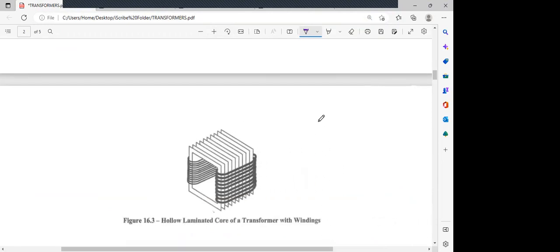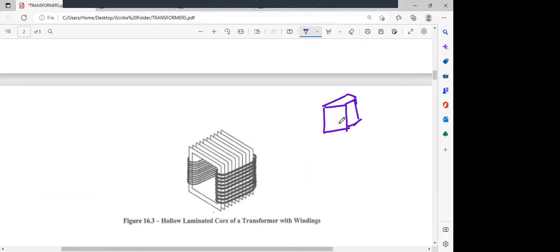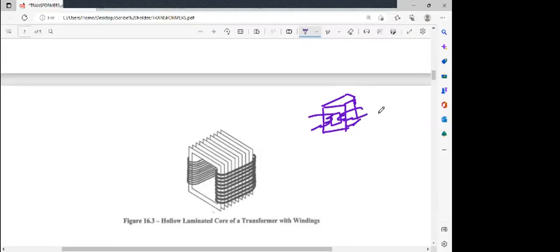So you can have a block like this, a solid block. But why we are not going to be using a solid block? With a thing hollowed out over here, and then you can put your primary on this and your secondary on this. Why we're not having a solid block, we'll see.